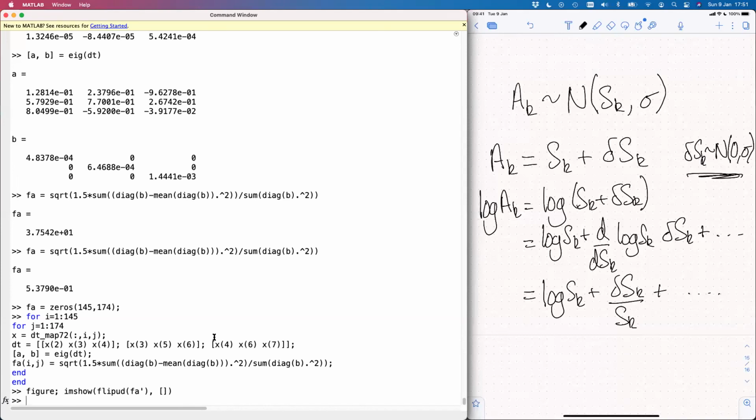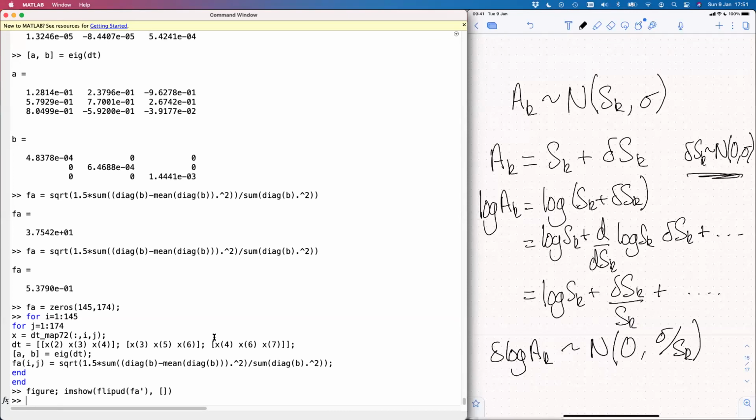And so one might suggest then that delta log AK follows a Gaussian distribution with zero mean and standard deviation sigma over SK. But of course, SK is not the same for every measurement.